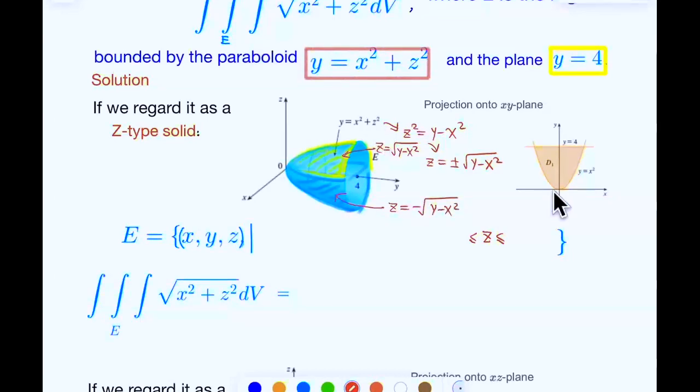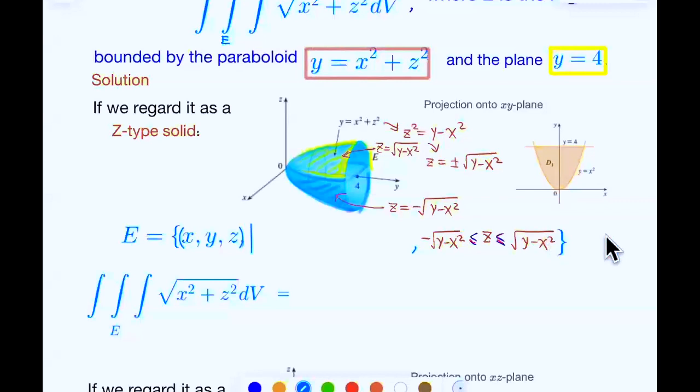Do you see it this way? Right? So z is going to be bounded below by negative square root of y minus x squared, and bounded above by positive square root of y minus x squared. Okay, so we got that one.